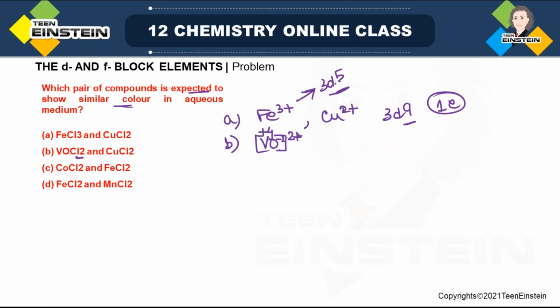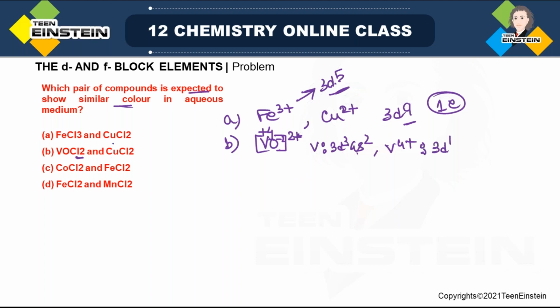Plus 4 minus 2, overall excess 2 positive charge outside the sphere. Now vanadium, when it is neutral, it has 3d3 4s2. So when it is vanadium 4 plus, the configuration will be 3d1, right?